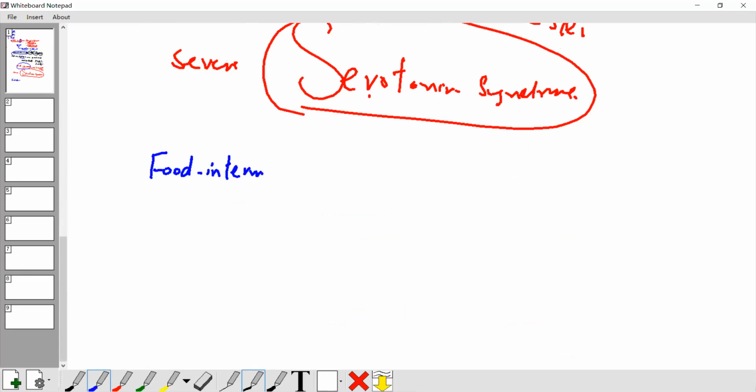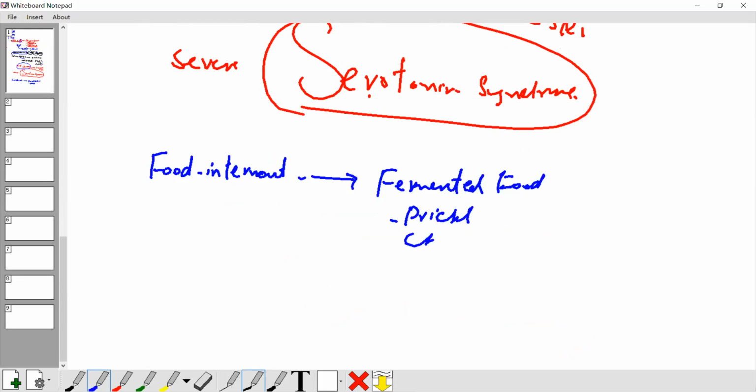If you remember Parkinson disease, the food interaction: fermented food, you remember? Fermented food like pickle, like cheese, like alcohol, especially grape wine.